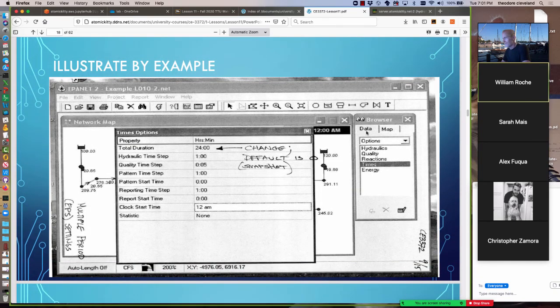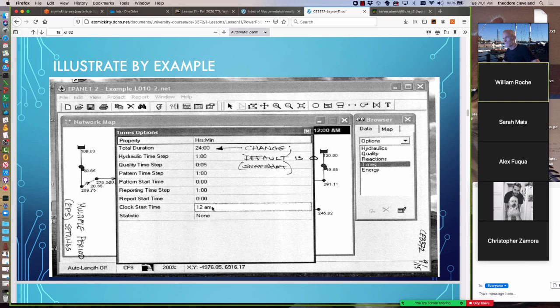Then in data options times, we want to change this number to however many total hours we want to simulate. So in the picture right there, it's showing 24 hours. It has a hydraulic time step of 1 hour, so there's going to be 24 reported time output stamps, or stress periods, if you will.